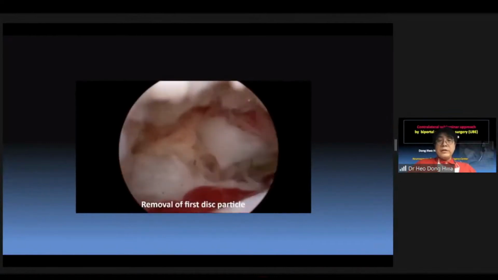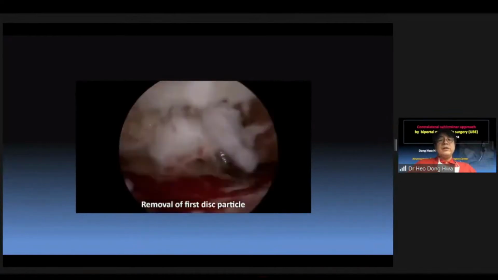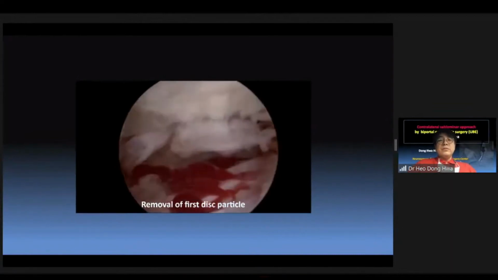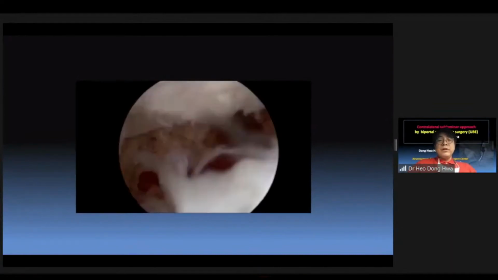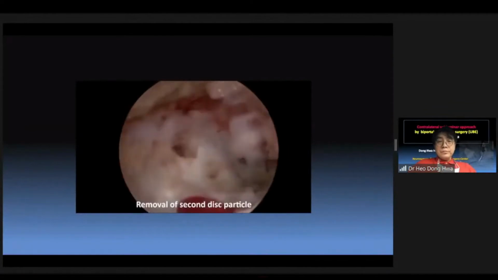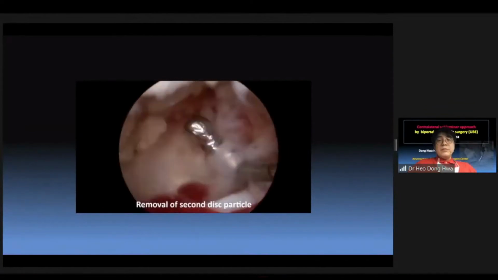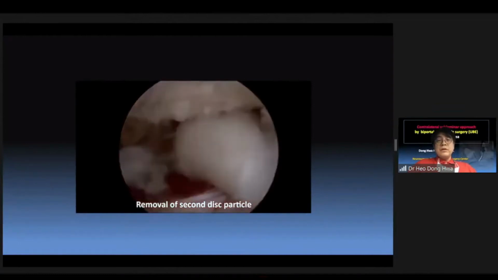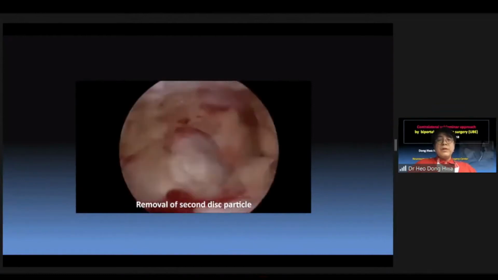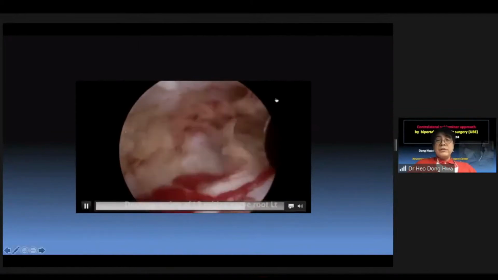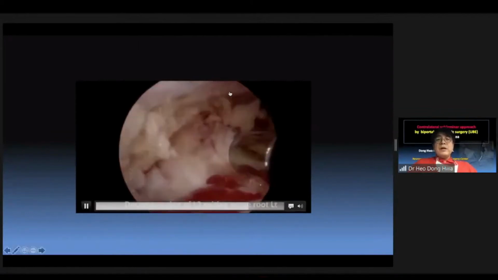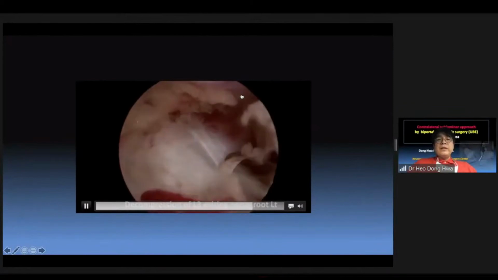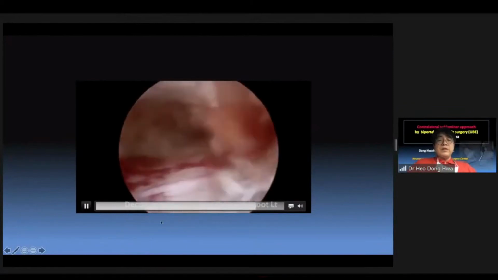Now I dissected the disc herniation below the exiting lobule, and now I remove the ruptured disc herniation first, and also you can see the next large foraminal disc herniation, and you can see the exiting L2 root, yes, the final view.